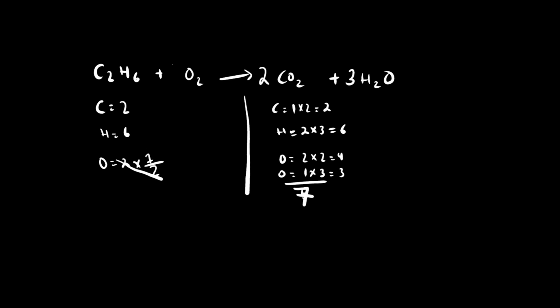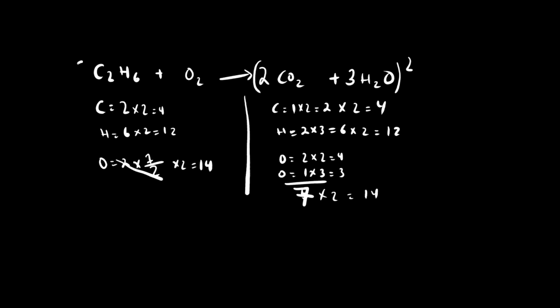But, again, the coefficient cannot be kept in the form of a fraction. So we're going to have to multiply the left side of this equation by 2 to get rid of that fraction. And remember, it's an equation, so what you do to one side, you have to do to the other. So we're going to multiply the other side by 2 as well.